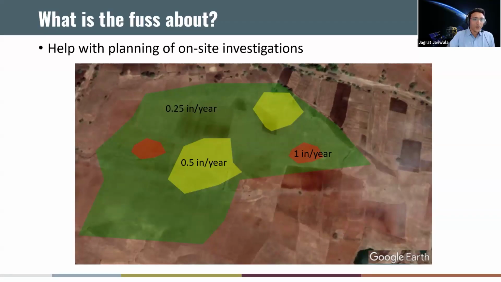Now, if you get information such as this, wherein you can combine areas, for example, quickly put together this visual, the green area moves at a quarter of an inch. You can come up with a certain density of investigation locations. For yellow areas which are moving at higher rates, you might want to increase the density there.